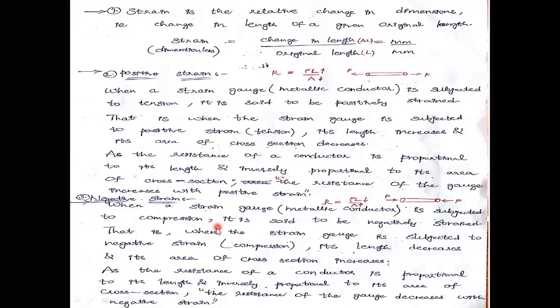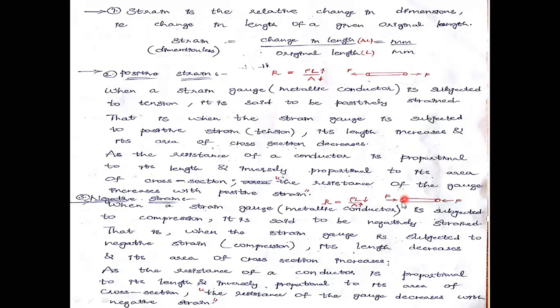Negative strain, similarly. When the force is applied in the elongation direction, we are just stretching that wire, pulling that wire in this direction. Then length increases and area decreases. Whereas here, I am applying the force in this direction.